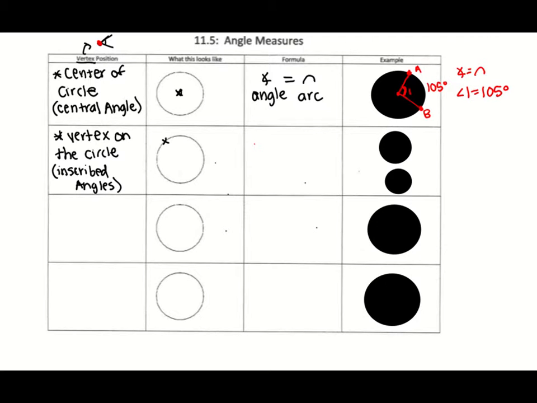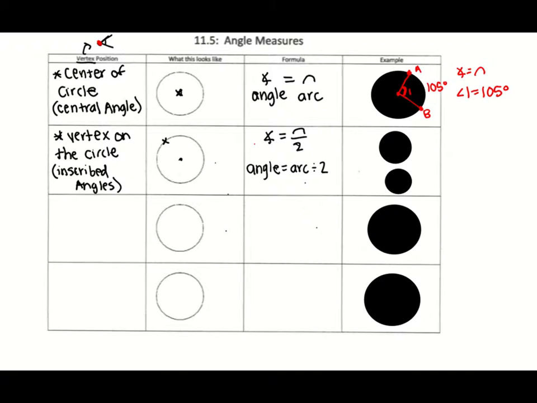So our vertex would be right here, and our center is still here, but our vertex is where that X is. Our formula for this is that our angle equals our arc divided by 2. You can write that in symbols or in words. It means the same thing. Our angle equals arc divided by 2.